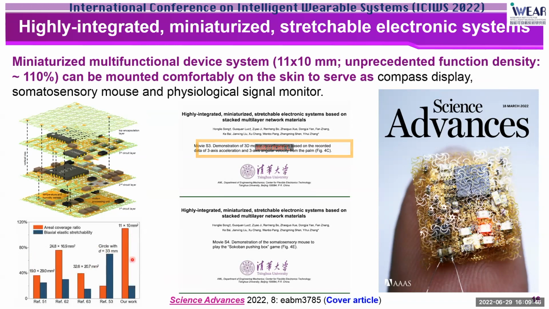So from this comparison, you can also see that most of the previously reported stretchable systems have a function density of only around 50%, and our system has a function density of 110%.